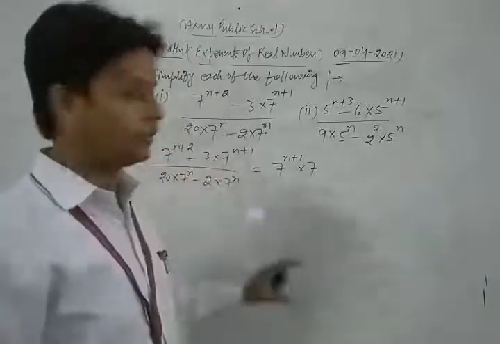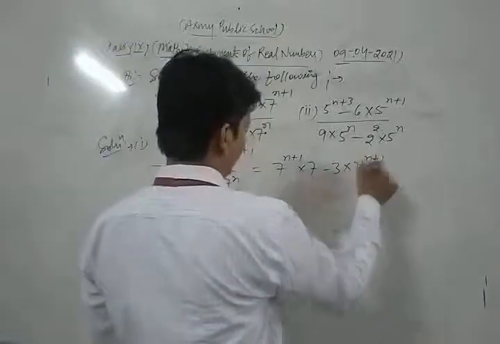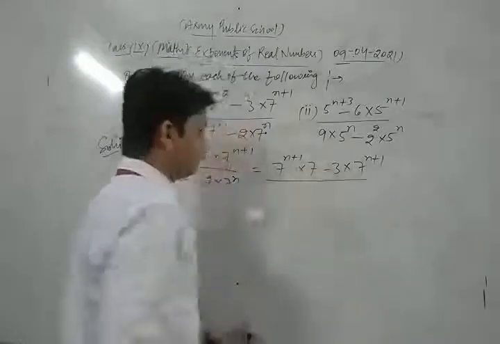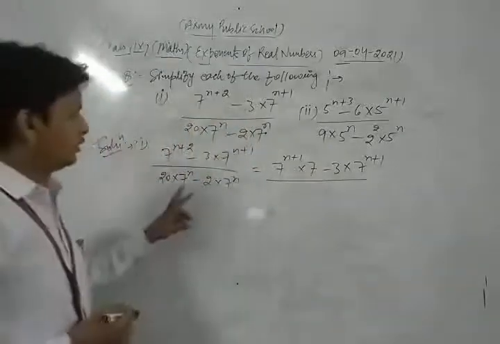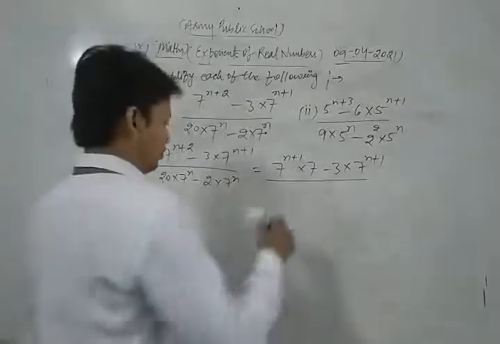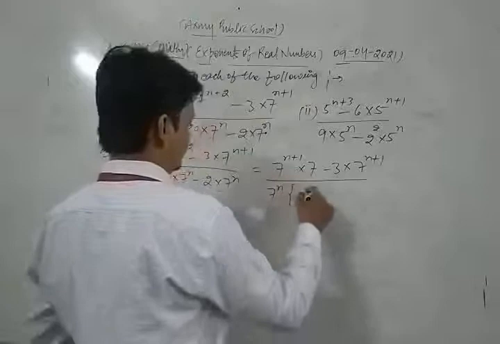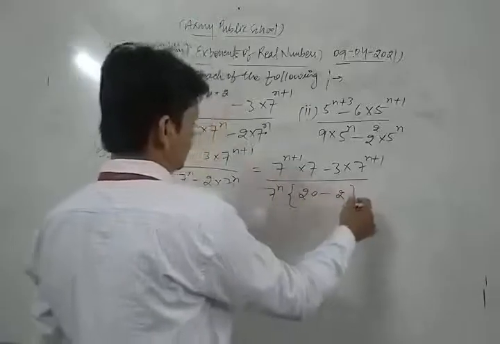So we can write in this way, minus 3 into 7 to the power n plus 1, as it is, upon. Now in the denominator we take 7 to the power n as common, so we get 20 minus 2.